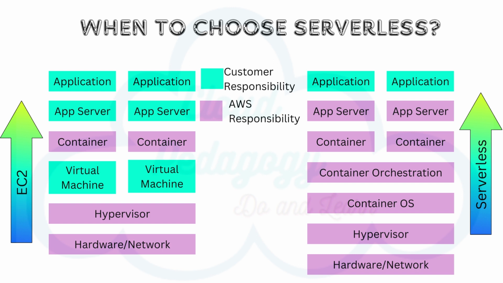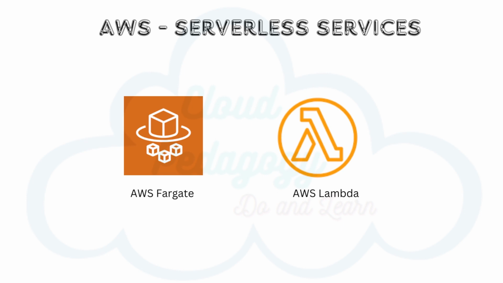You do not have access to the underlying operating system that is running the service. Therefore, you are not responsible for carrying out tasks like patching. You are, however, still responsible for things like data encryption and access management. AWS has several serverless compute options, including AWS Fargate and AWS Lambda.